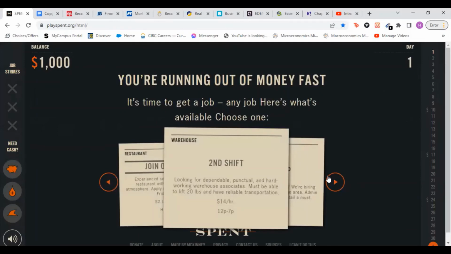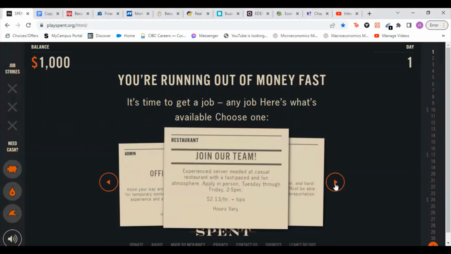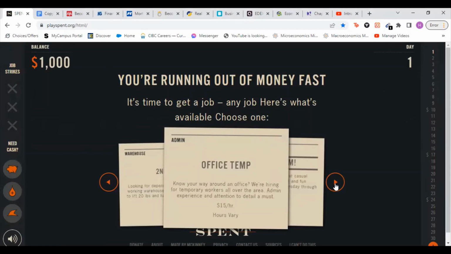It's an exercise on paying expenses with a minimum wage job. What would you pick? Warehouse associate, $14 an hour, a waiter, $2.13 an hour plus tips, or an office temp for $15 an hour.